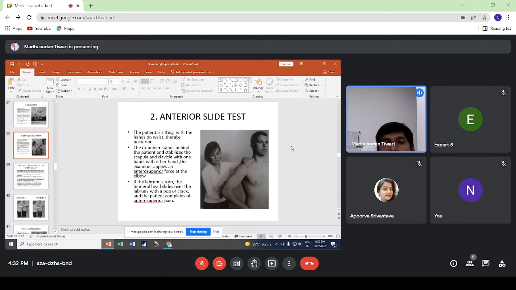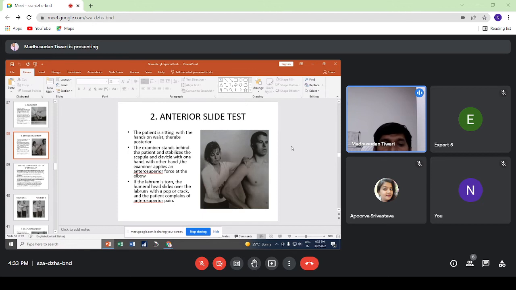Second is the anterior slide test. The patient is sitting with the hand on the waist. The examiner stands behind the patient and stabilizes the scapula and the clavicle with one hand.